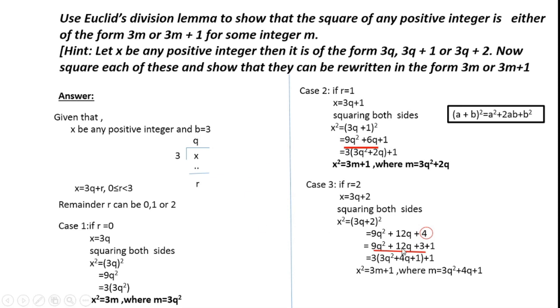From these 3 terms, we can take 3 outside, as it is the common factor. Let us consider 3q square plus 4q plus 1 as m. Now we can write x square equals 3m plus 1. That means the square of any positive integer can be expressed in the form 3m or 3m plus 1.